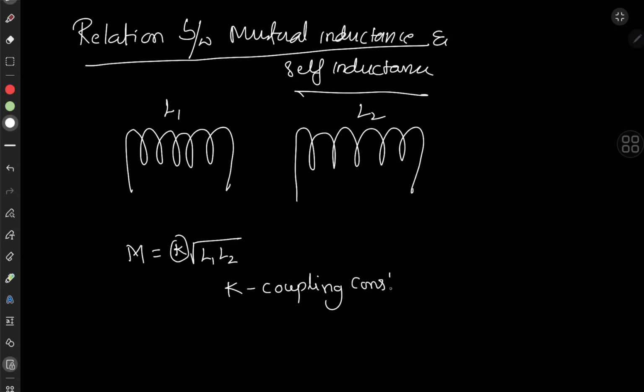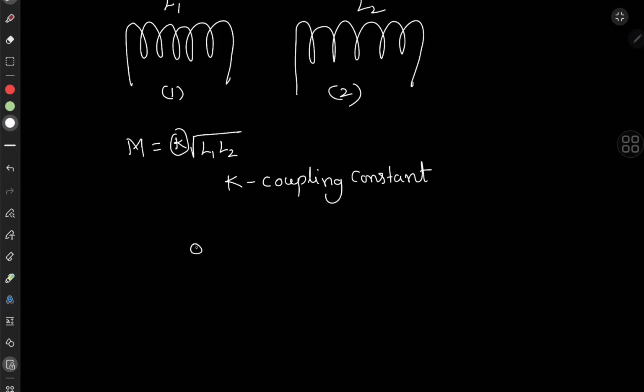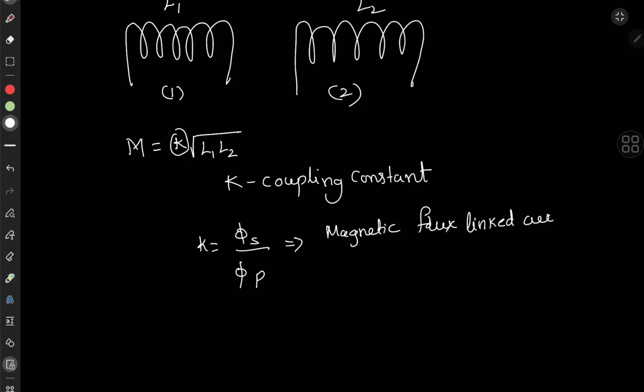With the first coil and the second coil, the coupling constant K is equal to the magnetic flux linked with the secondary coil divided by the magnetic flux linked with the primary coil. This is a unitless constant, we should remember.